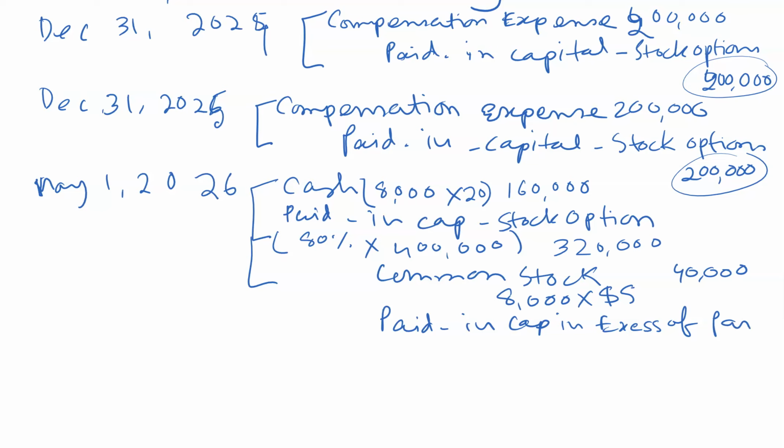If you see here, the debit side is 160,000 plus 320,000, and if you subtract 40,000, the remainder we are going to credit is 440,000.